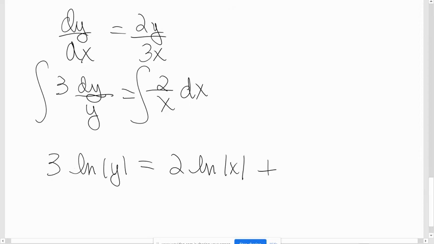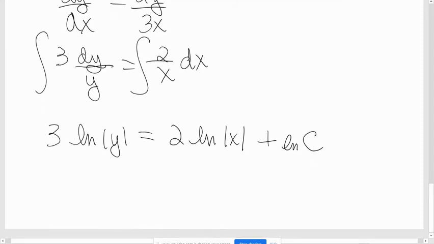Now, this is the weird part. It is a constant, but I'm going to say I want the natural log of that constant in order to make my algebra easier here. And that's a totally legit move.